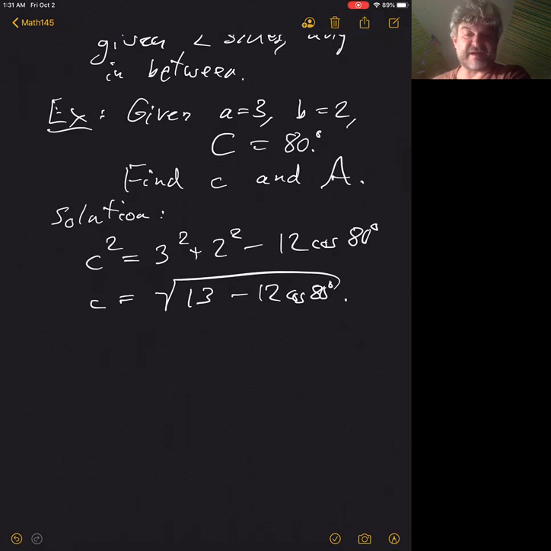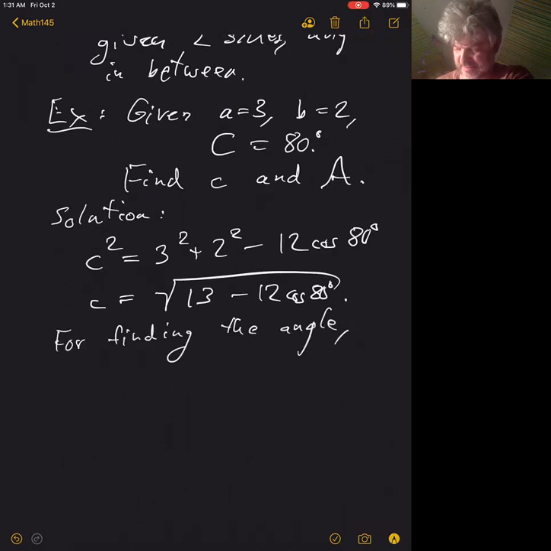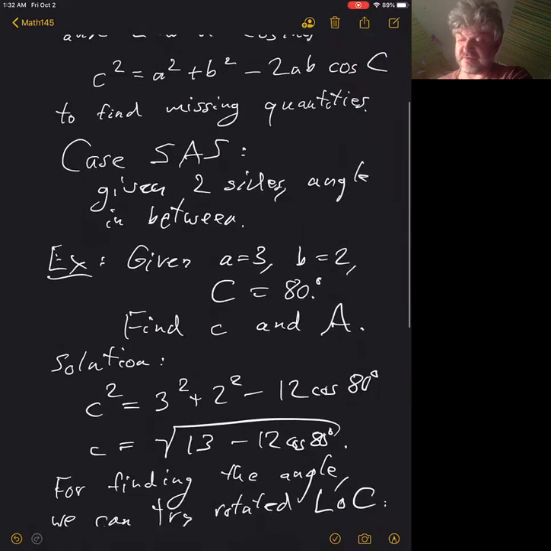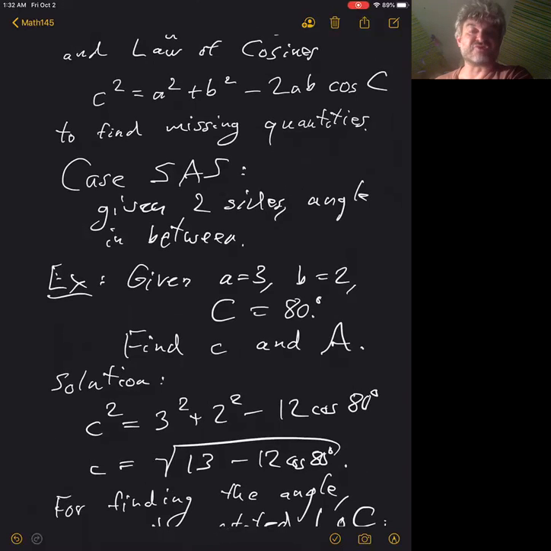Now, what do we do with finding this angle? We can try a rotated form of the law of cosines. And I'm going to have an acronym for the law of cosines. I'm going to write LOC. So you take this law of cosines, and you want to see the cosine of A here.